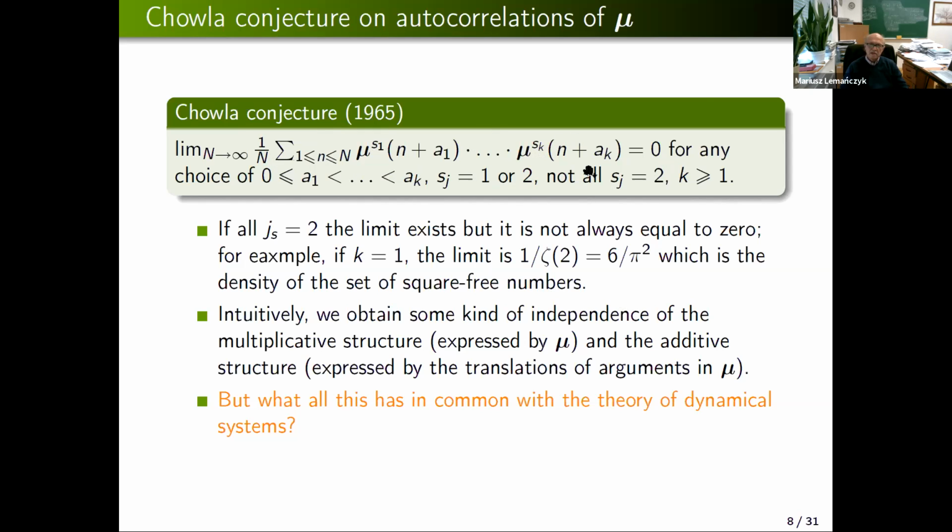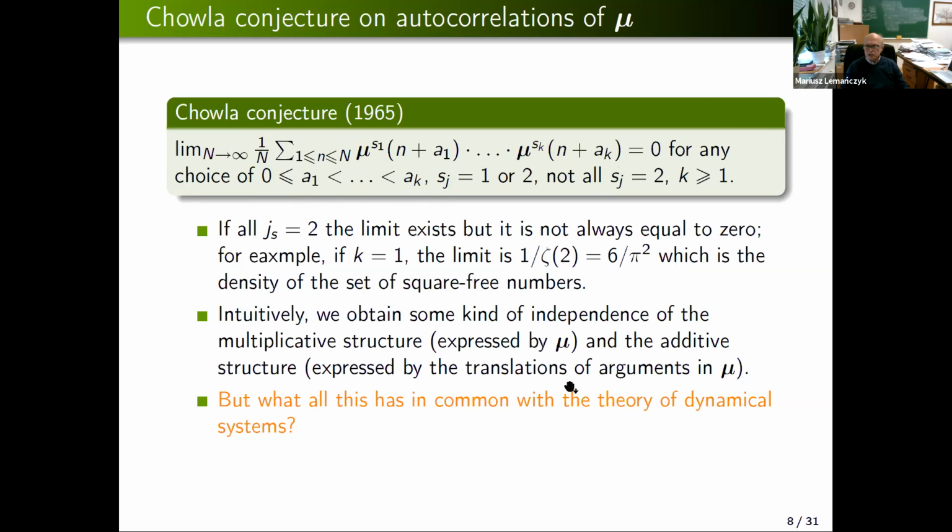The -1 effect disappears, and to expect that this is 0 is really very risky, because this would mean that we almost always see 0 here, which is not the case, even for k equal to 1, because for k equal to 1 we obtain just the mean of mu squared, and this is 1 over zeta(2), which is 6 over pi squared. So this is the density of the set of square-free numbers.